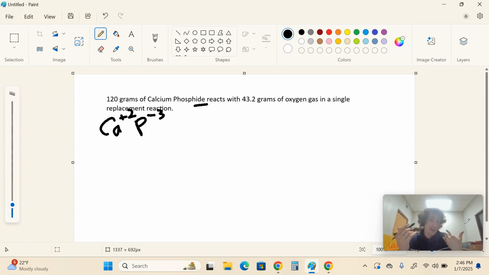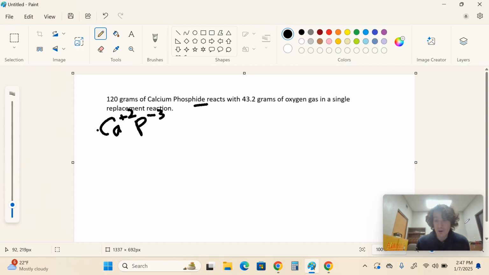So calcium has to be positive. It's a metal. Calcium is never going to be negative. Whereas phosphorus, because there are other nonmetals that are more electronegative, it could behave, keyword is behave, not literally behave, like a cation. But don't worry about that. Worry about the fact that, hey, it's going to be negative in this case. So P3 minus.